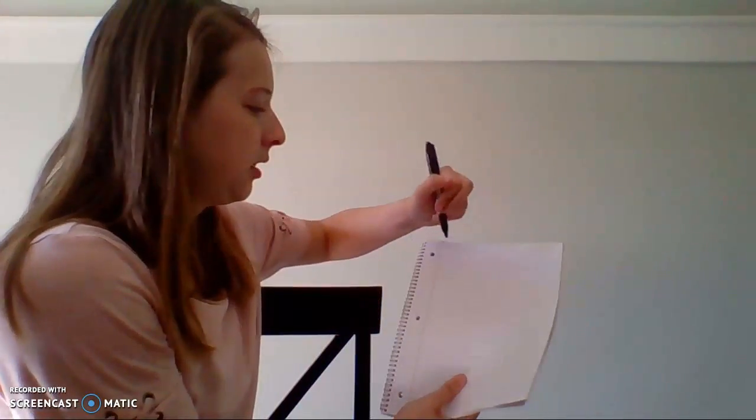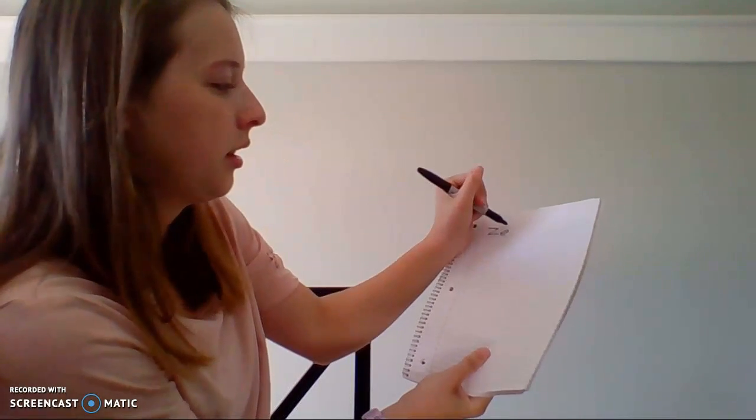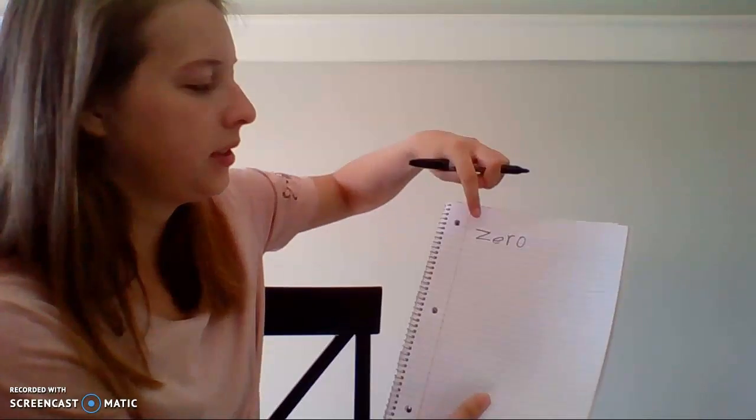The last thing we can do today is write down some of those words like 0. How do we spell 0? Z. Ear. Oh, zero.